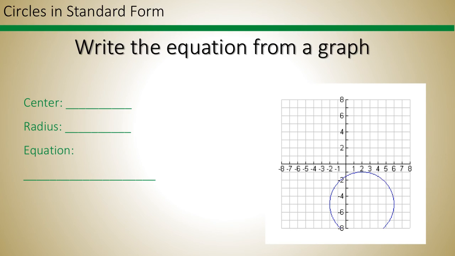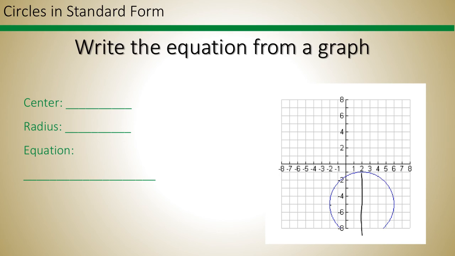All right, so one more thing that we should be able to do, if we're given the picture of a circle, we should be able to find the center and the radius, okay? So here's what I'm going to do. I'm just going to draw a line going through what I think is the middle of the circle, okay?